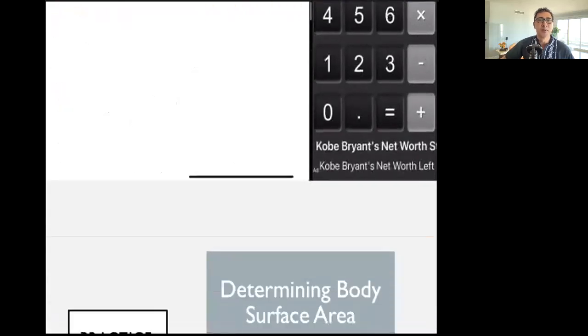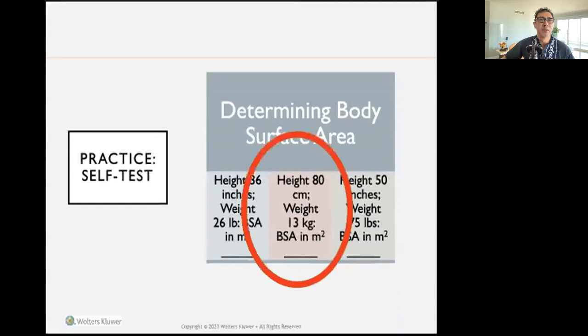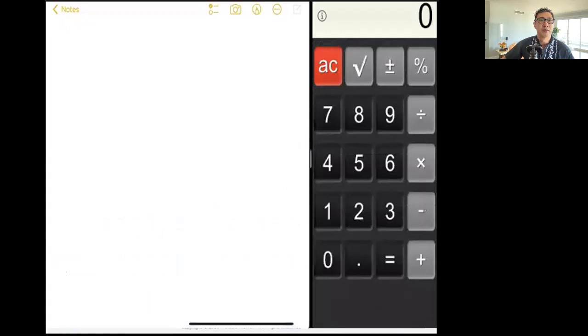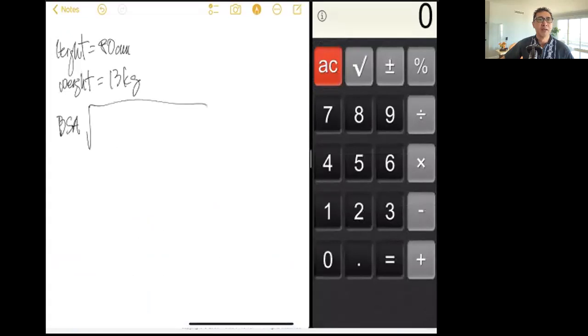Next, let's do the middle one, where the height is given in centimeters and the weight in kilograms. This is fairly straightforward from my end. I'm plugging it straight into the formula. What was my height again? 80 centimeters. Weight was 13 kilograms, I believe. All right, let me plug it into my formula.